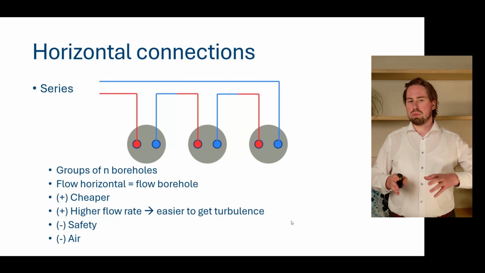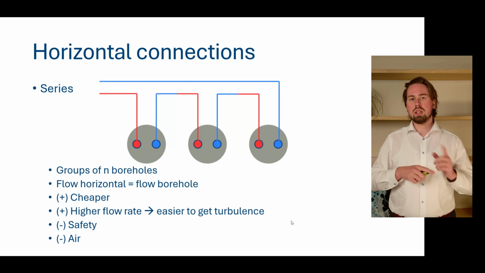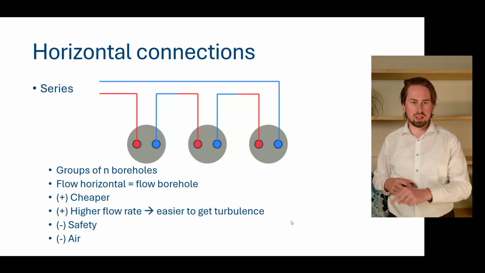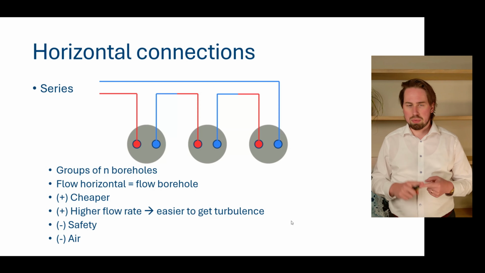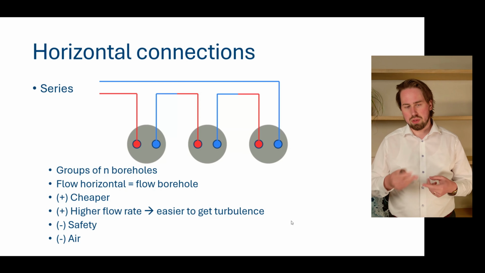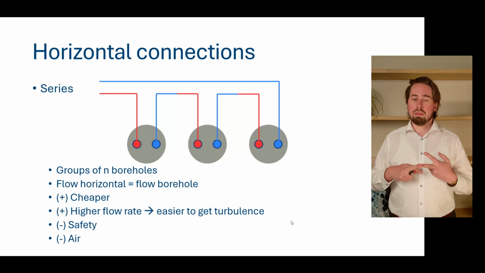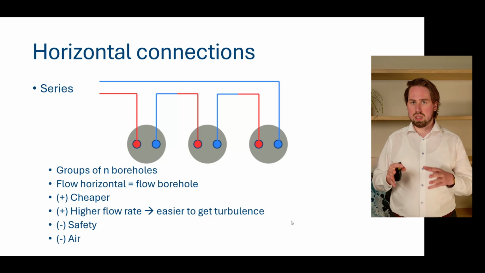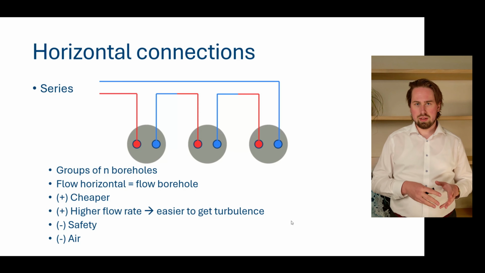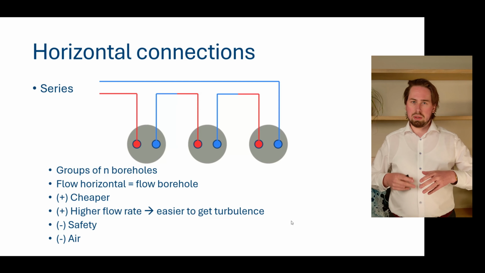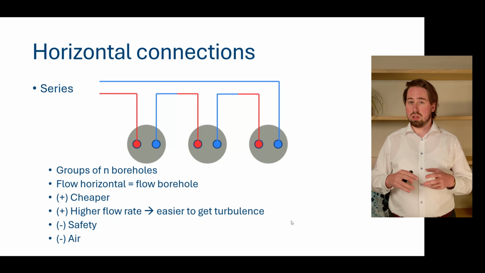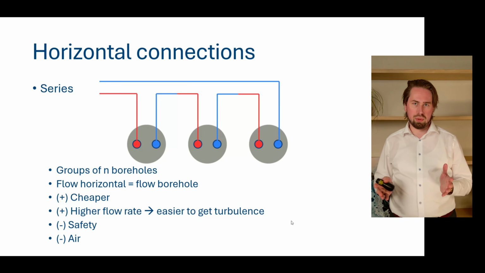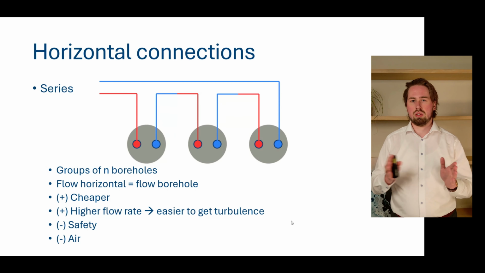And here the flow of our horizontal system is actually equal to the flow of our borehole itself. It's a cheaper connection, again because of less horizontal piping. But the main advantage of series connection is that you have a higher flow rate. In comparison to Tickelman or direct connection, your entire flow to the bore field is not divided equally across boreholes, but here you can work with these groups.